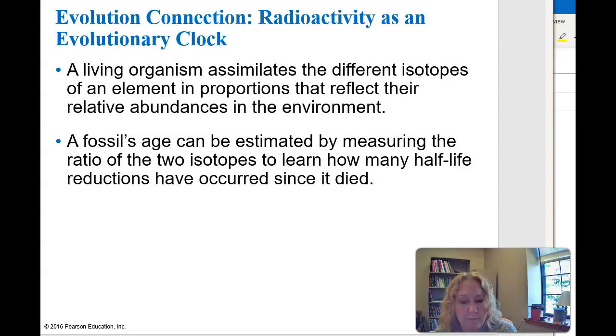So a fossil's age can be established by measuring the ratio of the two isotopes, how much carbon-14 is in something. Using the half-life measurement, it'll tell you about when it died based on the carbon-14 isotope amount in that organism. So that is pH and C14.